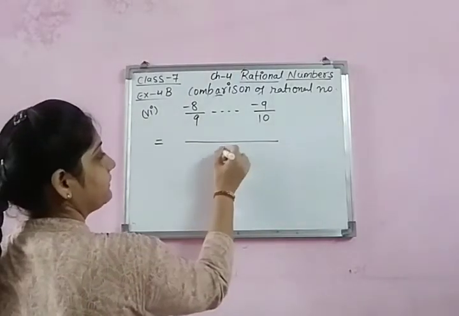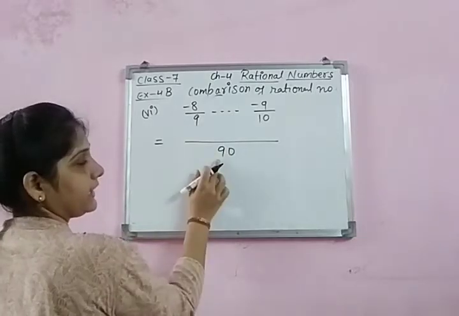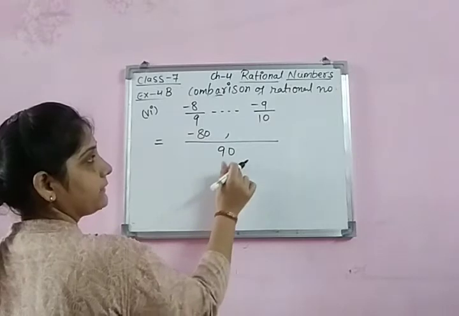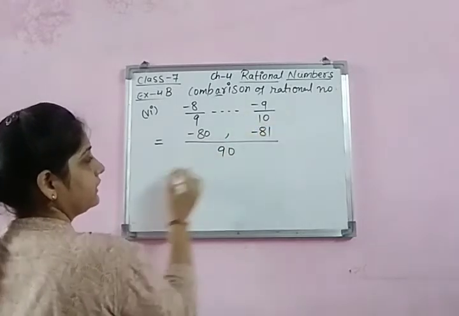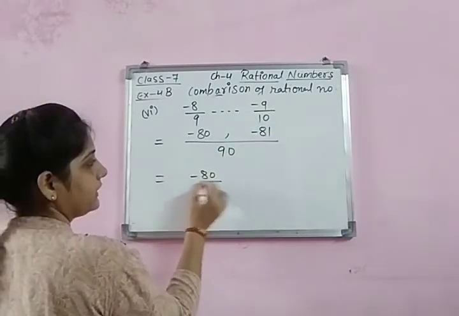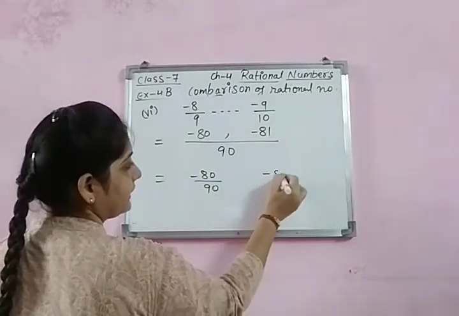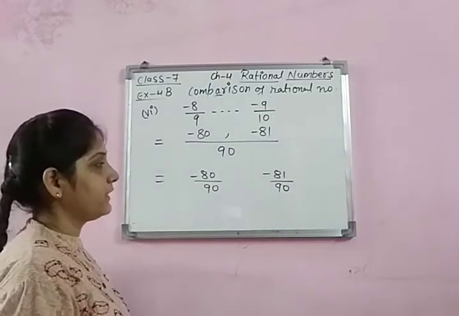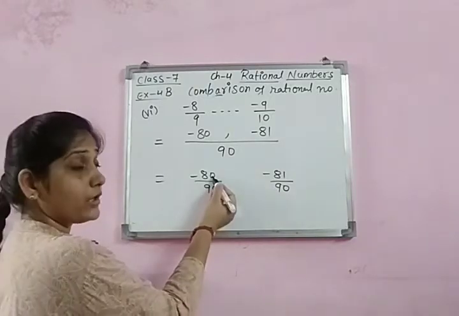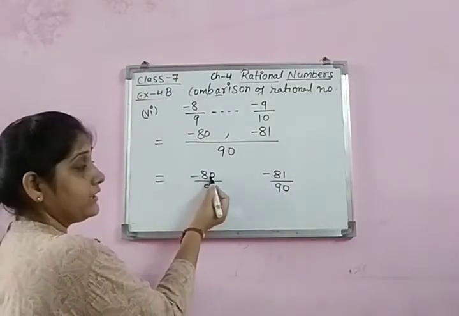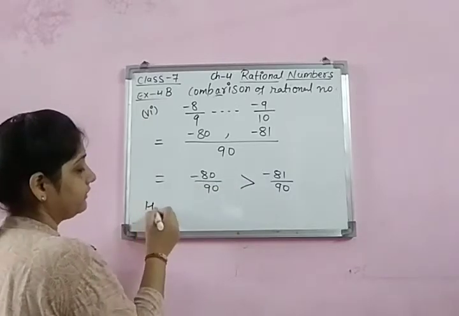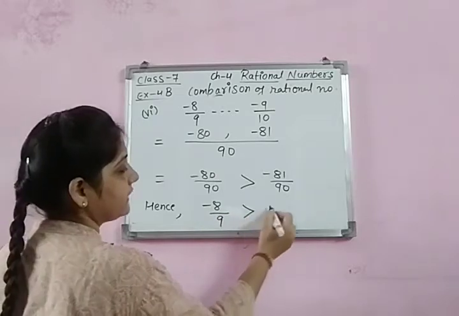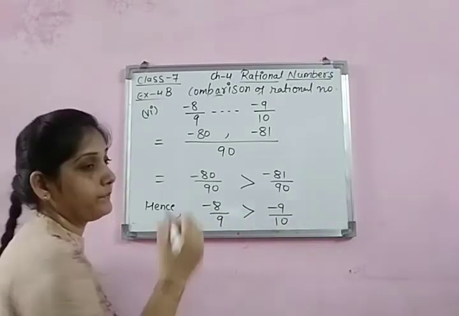So take the LCM, 90. 10 times 8 is 80. 10 times 9 is 90, and 9 times 9 is 81. So we got two rational numbers, negative 80 by 90 and negative 81 by 90. Which is bigger? Yes, can you tell? The smaller one, because with the negative sign the smaller will be bigger. So hence we can say that negative 8 by 9 is bigger than negative 9 by 10.